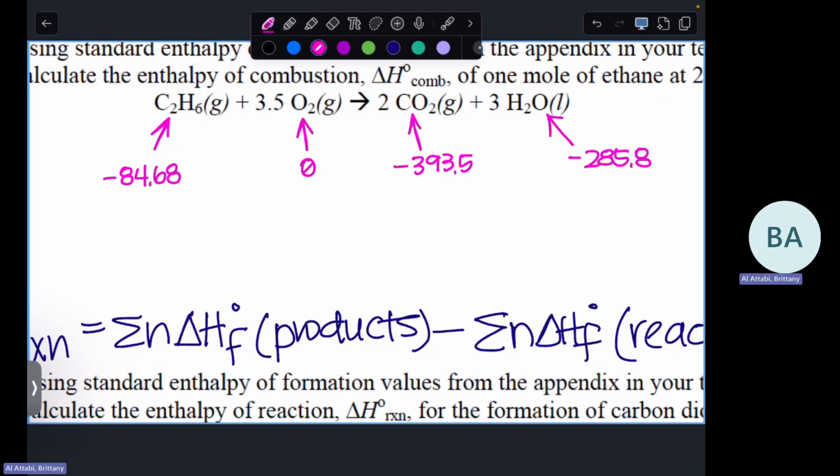This is the amount of energy it takes to form that thing from its component elements at 298 Kelvin. That's what a standard enthalpy of formation is.